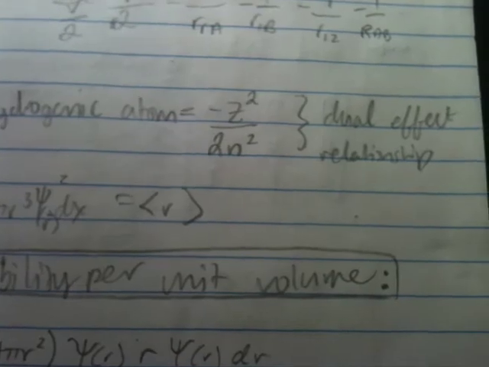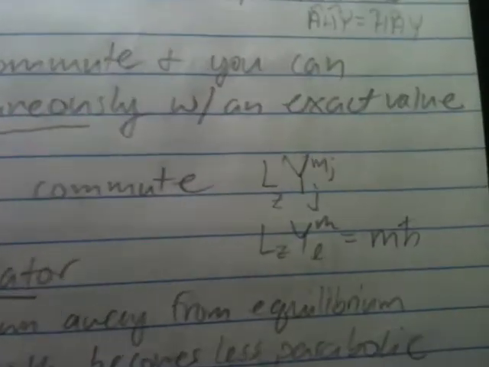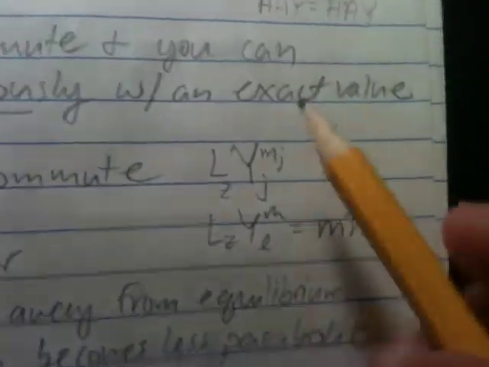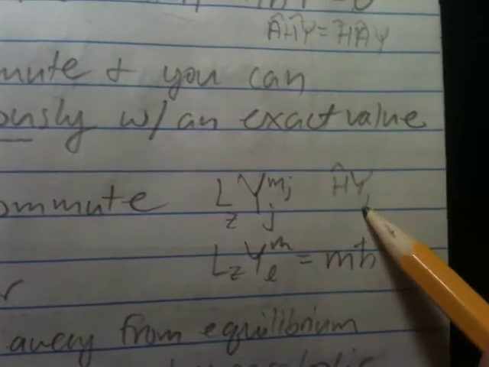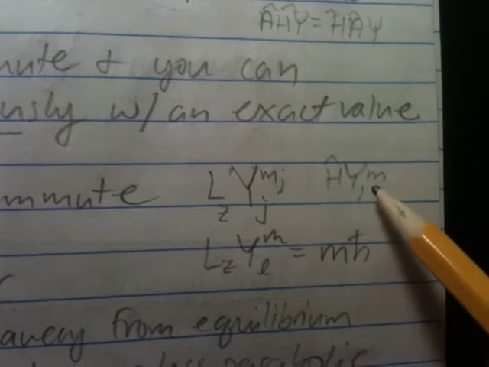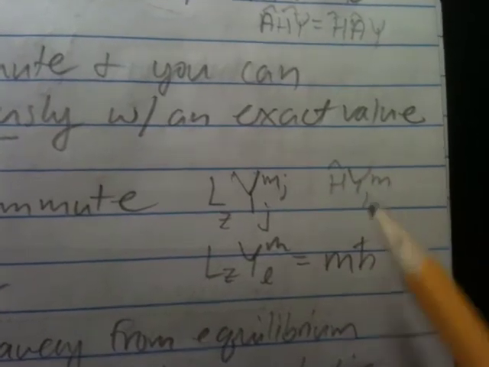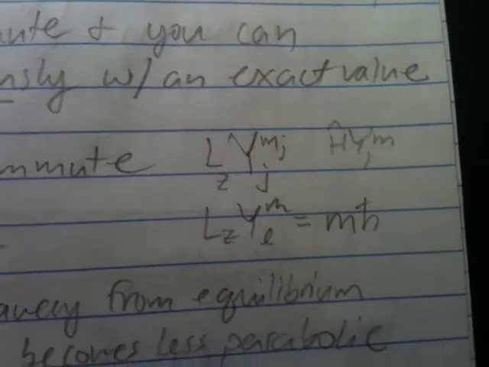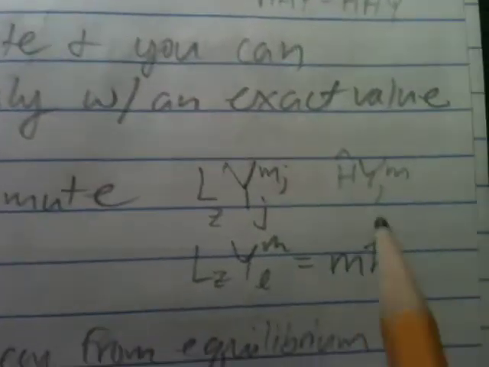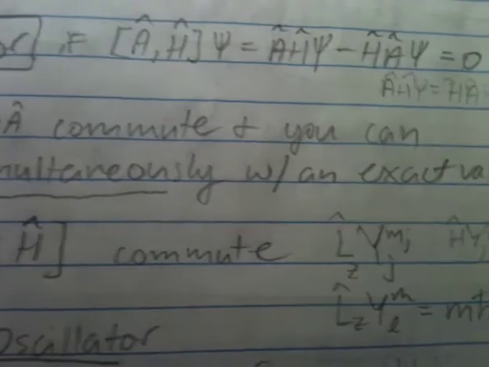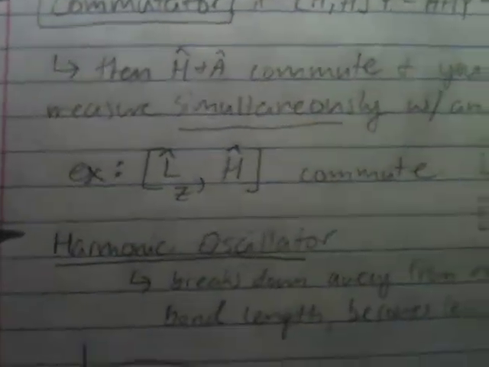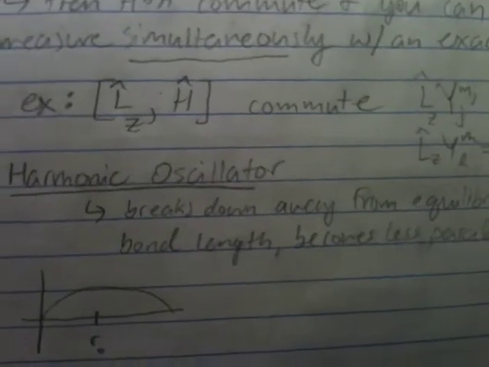Or is it h bar squared? I forget now. No, just h bar. But then you can also take H hat, apply it to psi of L m, and these two operators would commute, and you would have two simultaneously exact values.